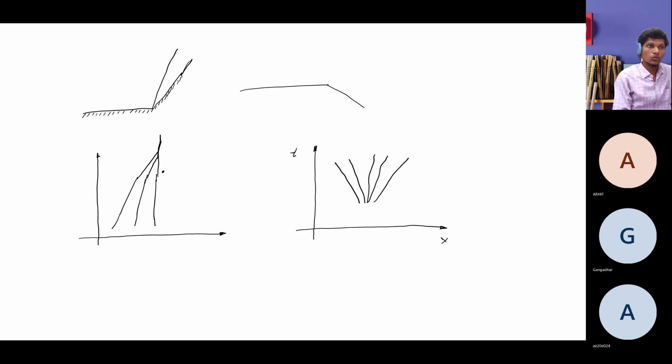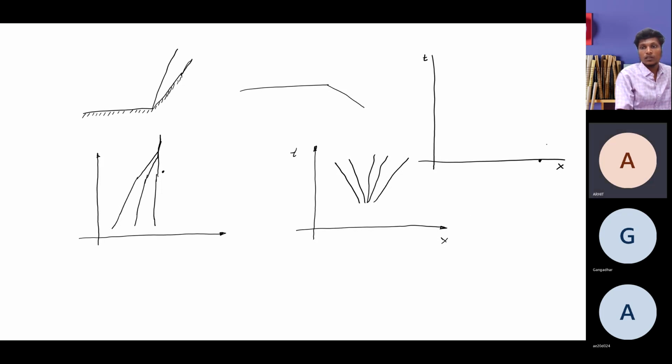Yes, sir. So for a clearer understanding, suppose I consider this as my x and this is my t, okay? Yes, sir. At this point, my expansion waves are forming. Expansion waves alone cannot exist.